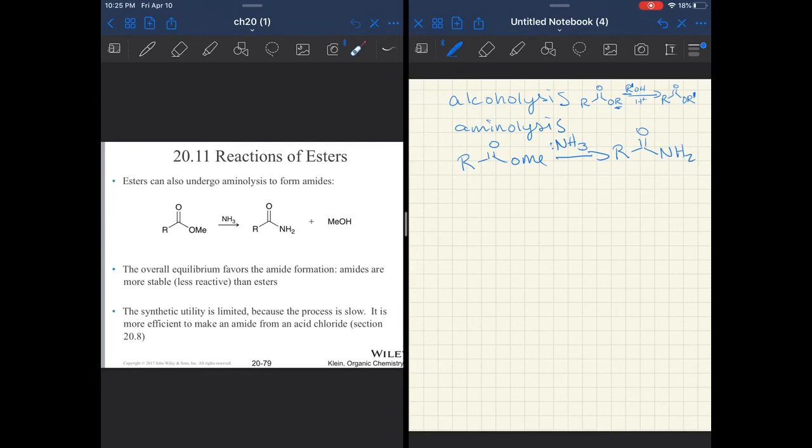We saw this in all of the alcoholysis and aminolysis reactions we did in the previous video. I'm not going to go through the mechanism here. It's exactly the same as aminolysis in the previous lecture. It also has limited utility because it's just pretty slow, and that just comes down to esters not being as reactive.